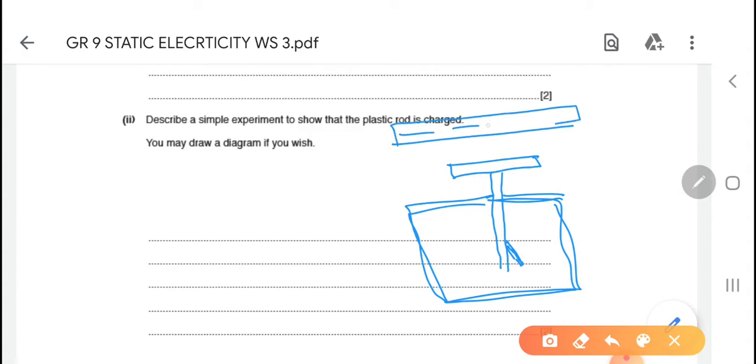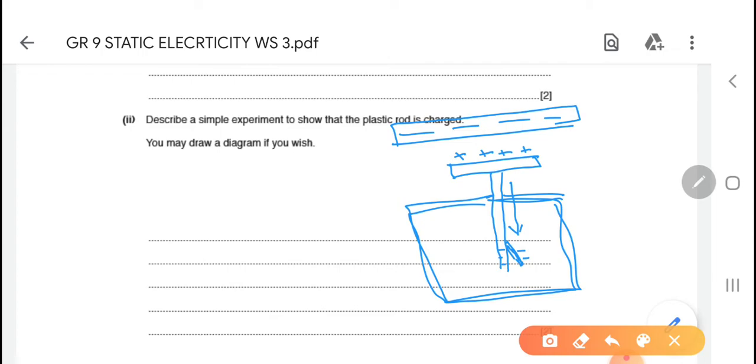Once you bring the negatively charged rod close, all the electrons in the metal plate will move down to the bottom part of the gold leaf electroscope. So this part will become negative and the gold leaf will also become negative, and negative charge and negative charge will repel each other. The top part of the gold leaf electroscope will remain positive.